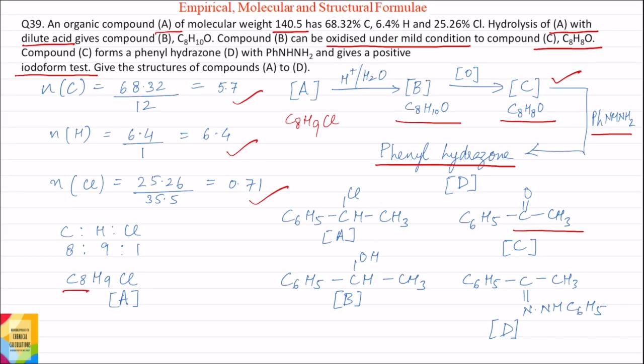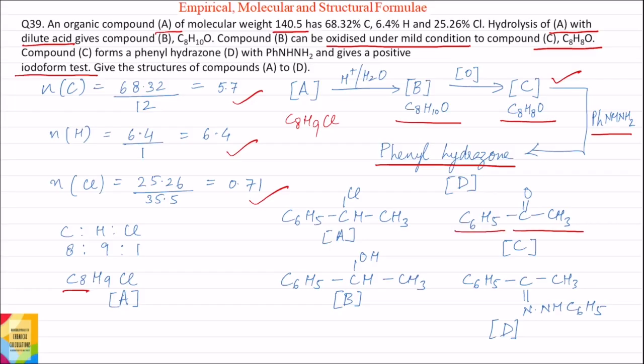Now the CH3CO group has 2 carbons, 3 hydrogens and 1 oxygen, and the molecular formula of C is C8H8O. So 6 carbons and 5 hydrogens are remaining. Therefore the CH3CO group is bonded to a C6H5 group, and the structure of C is C6H5COCH3.